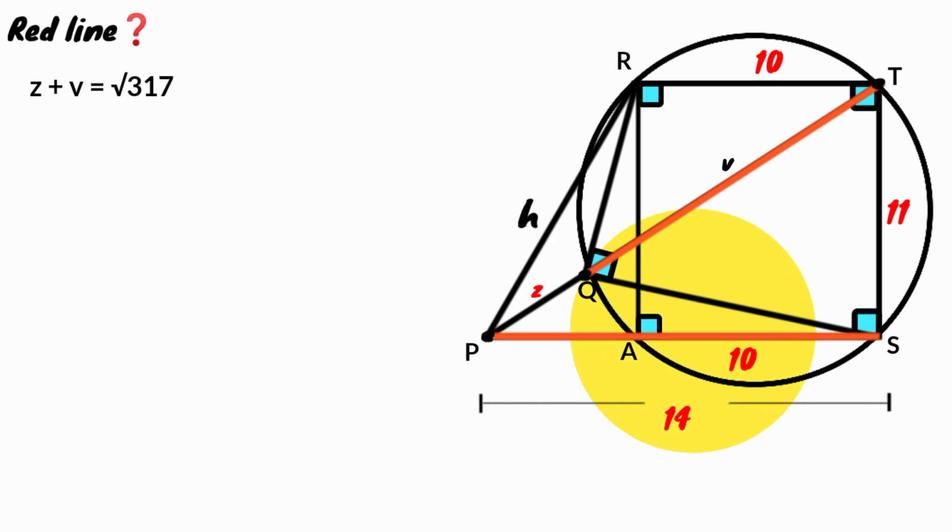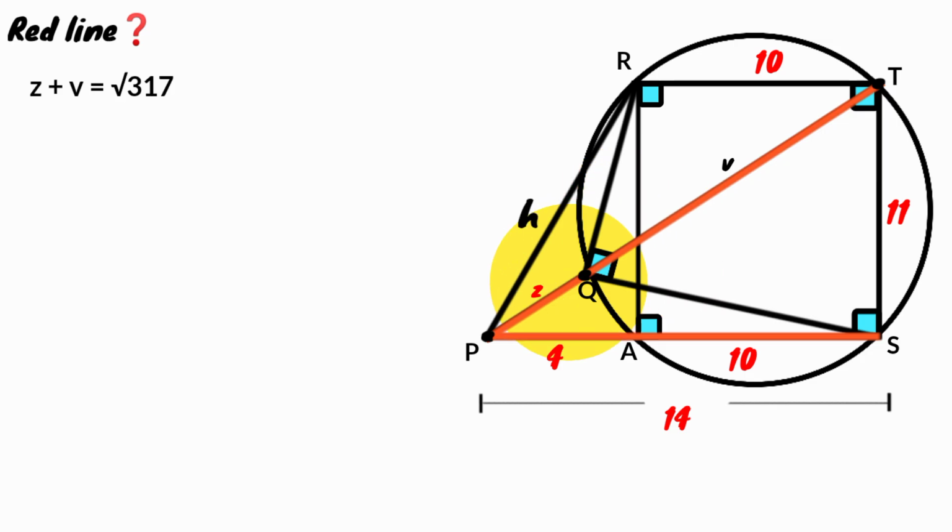Its length is 14 units, and we have this segment of it to be 10 units. Therefore, this must be 14 minus 10, which is 4 units. Now with respect to the circle, this line PS is a secant, and this line PT is also a secant.